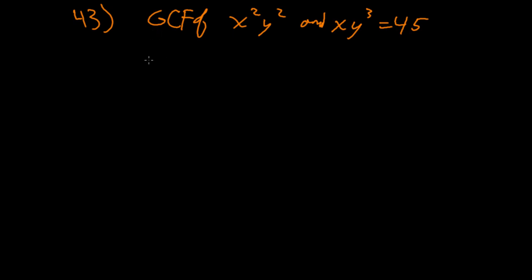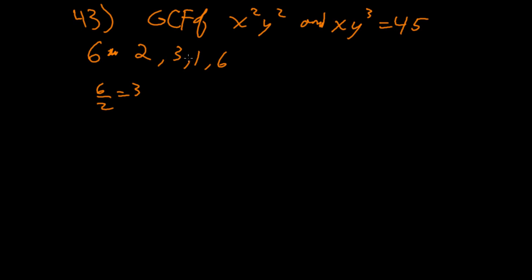So a factor is a number that can be divided into another number and leave a whole number. For example, the factors of 6 would be 1, 2, 3, or 6, right? Because if you take 6 and divide it by 2, you'll be left with 3, which is a whole number.